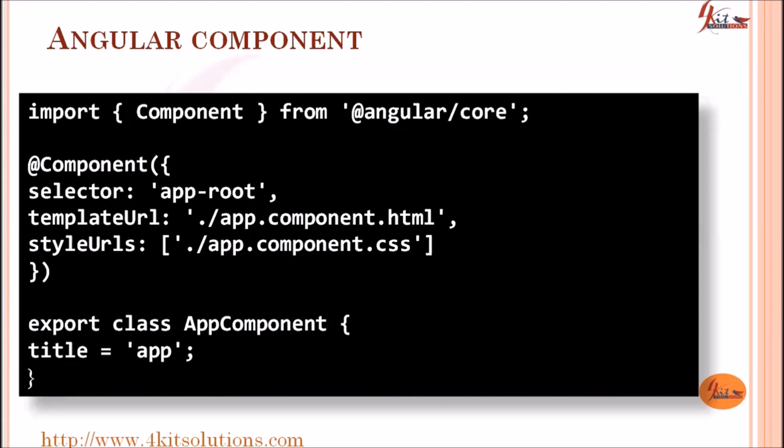Selector means that wherever I write this app-root element in my HTML, the view of this component will be displayed. The view of this component is app.component.html. So it will be displayed wherever I write this app-root inside my angular brackets.